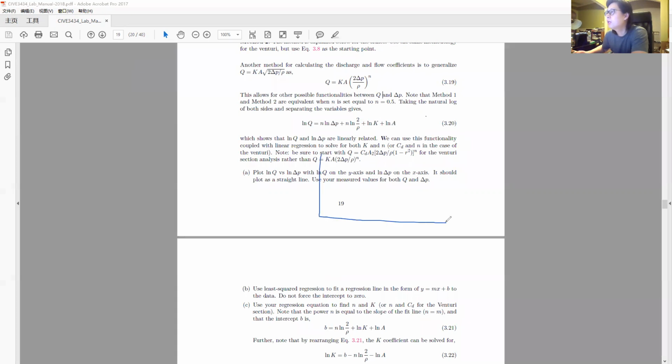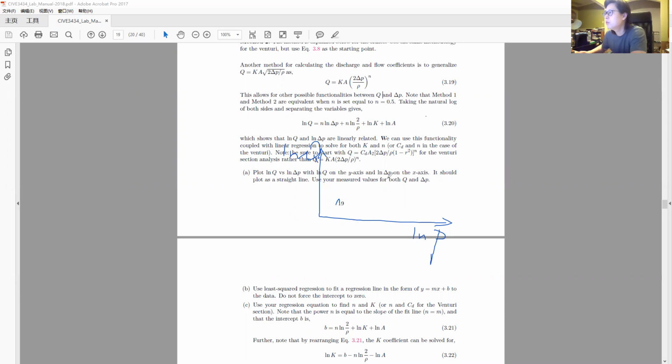What it looks like is, natural log q, sorry, that's not correct. Natural log q is your y-axis, and natural log p is the x-axis.